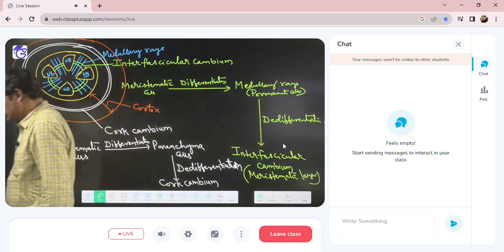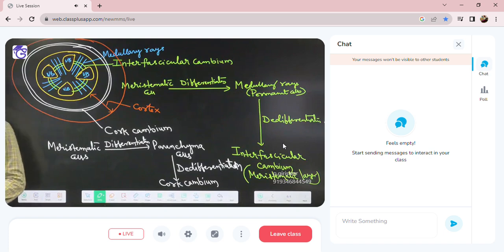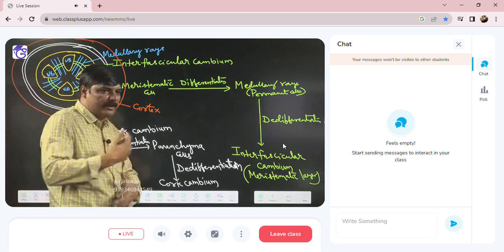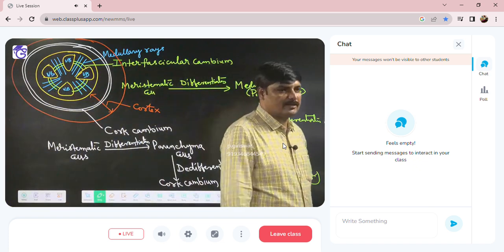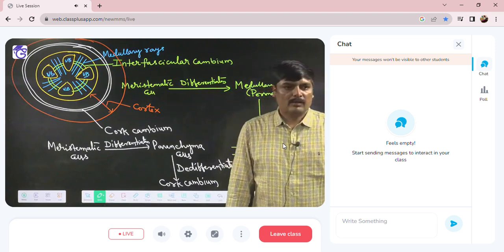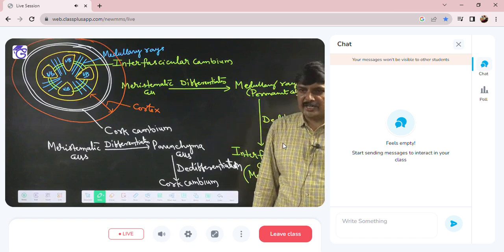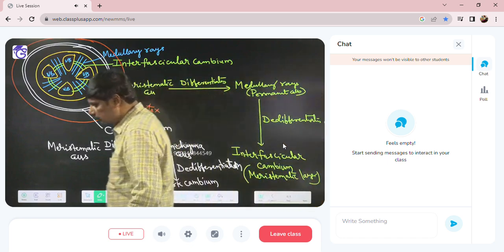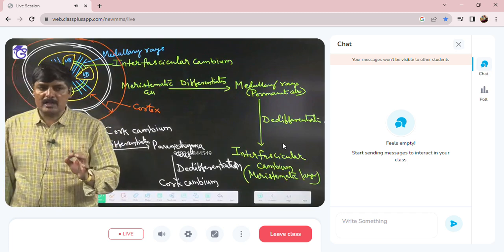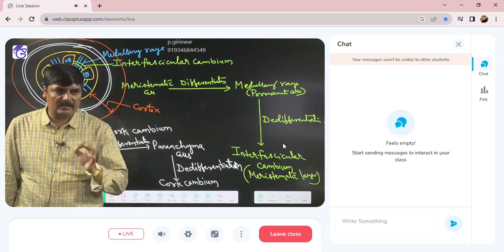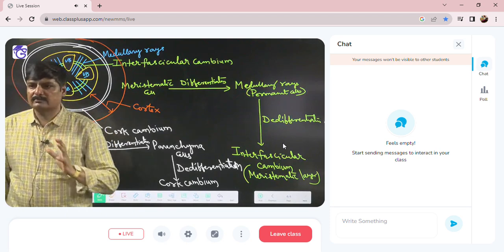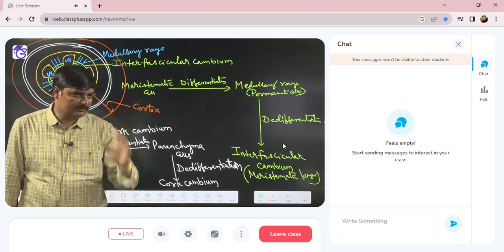Students, understand the differentiation process. A differentiated cell again differentiated, this is called de-differentiation. What is meant by de-differentiation?